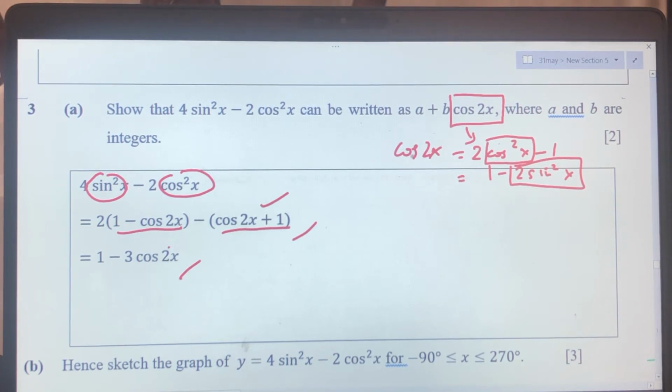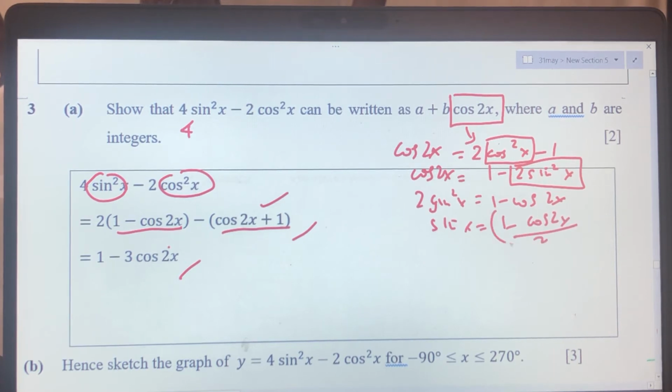But if you don't do it this way, that's fine also. Many of you did it by changing either this or this. Let me just do one. What you had done was you made this the subject. So 2 sine square x equals 1 minus this. Then this whole thing you throw inside here.